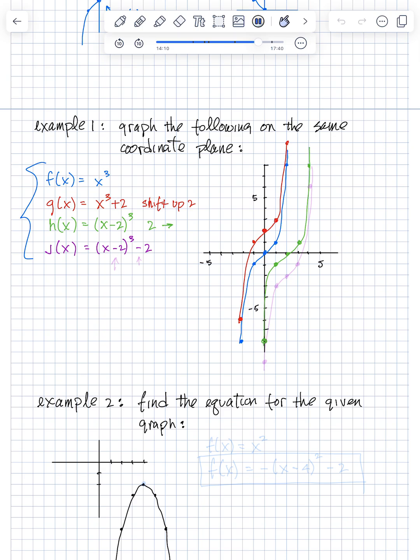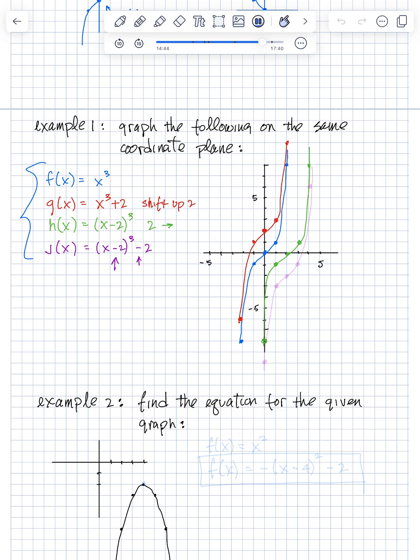Okay. And lastly, we have j of x, which is x minus 2 cubed minus 2. So we know this means it's going to go right 2 places, and this is down 2 places. So we take the blue dot and we go to the right 2 places and down 2 places on each one.